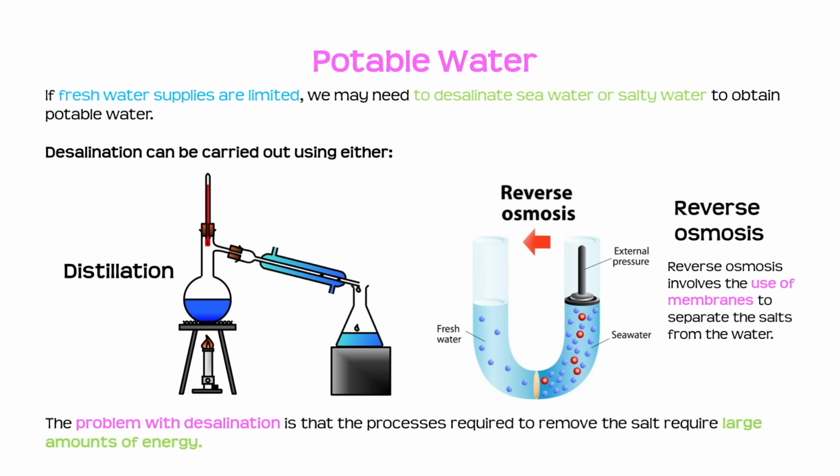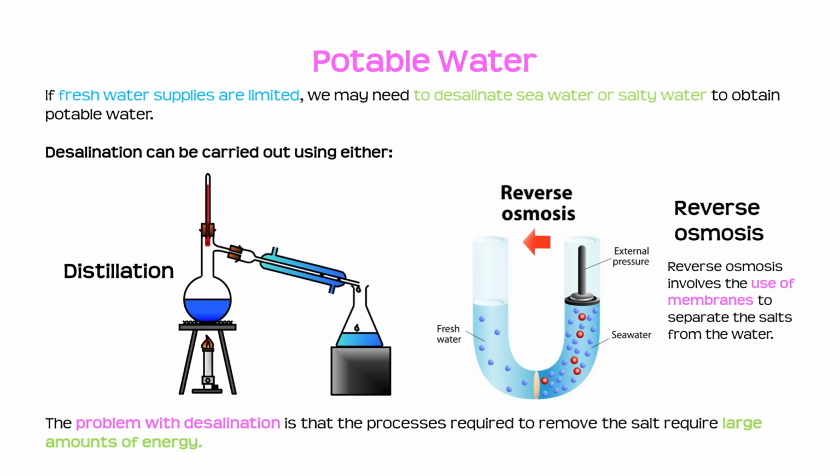In certain places like the UAE, freshwater supplies might be limited, but there might be an abundance of seawater. In these cases, we may need to desalinate or remove the salt from the seawater to obtain the potable water. Desalination can be carried out using either distillation, where we heat up the salt water, the water will evaporate and then condense, and you've separated the water from the salt.